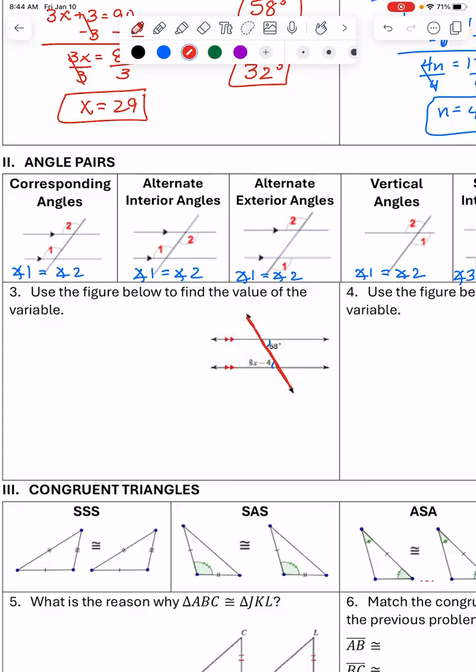They're in the same positions as this guy right here, right? So they're equal. So we just need to set these two things equal. So 8x minus 4 equals 68. And we solve. So we get 9, okay?